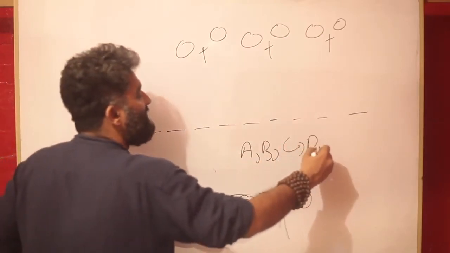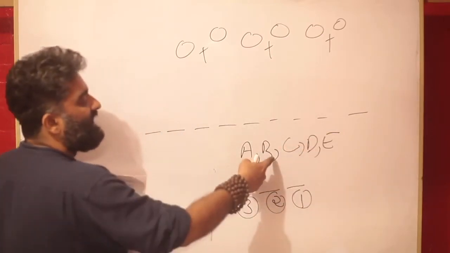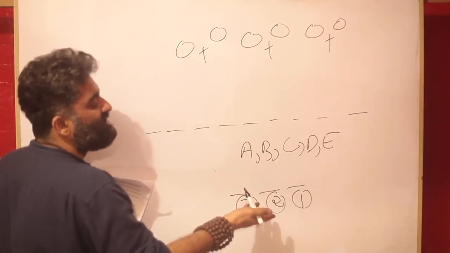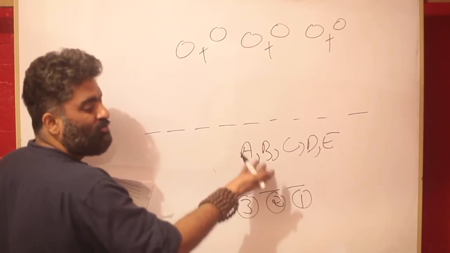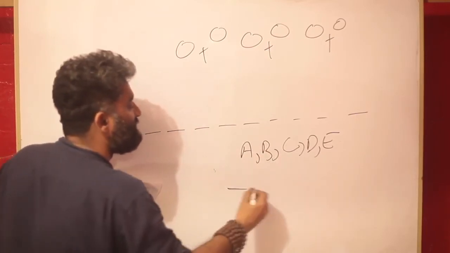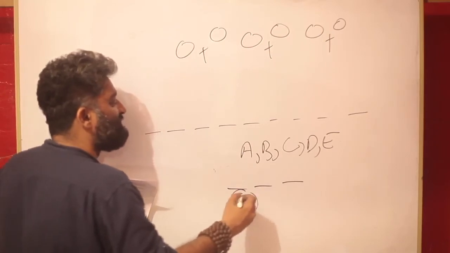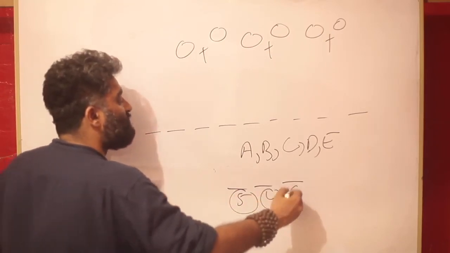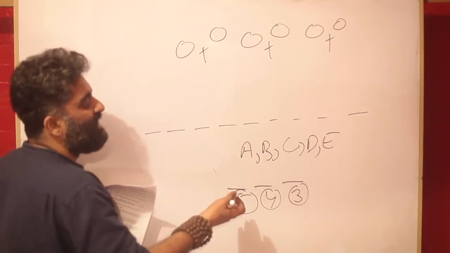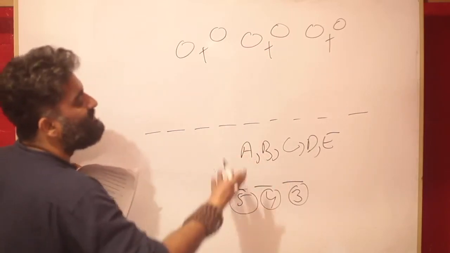If there were 5 people, again, unlike the numbers, there can't be a possibility of repetition here at all because you can't clone people, right? So there is no question of repetition. But if there were 5 people, for the first position there were 5 possibilities, for the second there were 4, and for the third there are 3, right? So this is the basic concept behind arranging people in a row.